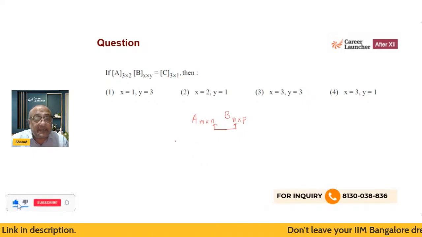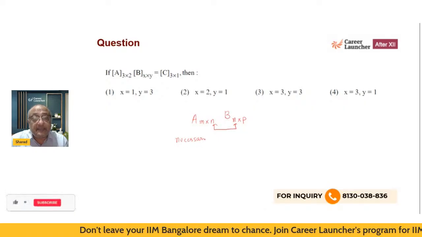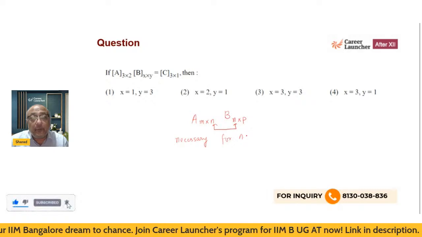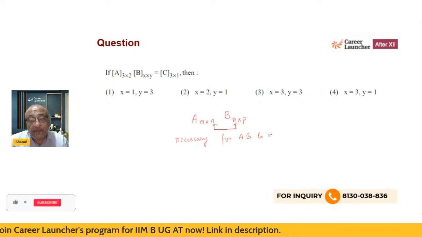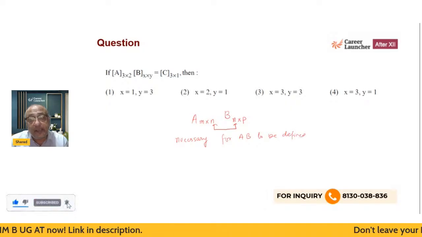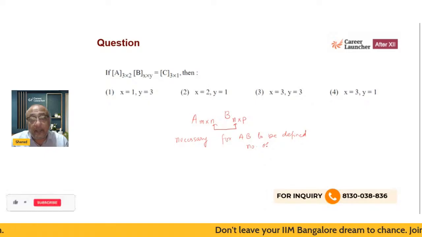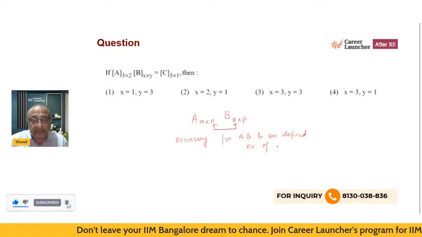So what is the necessary condition for A into B to exist, or to be defined? I'm sure all of you know it is simple. Number of columns in the prefactor matrix. Prefactor is nothing but the one which is written first.